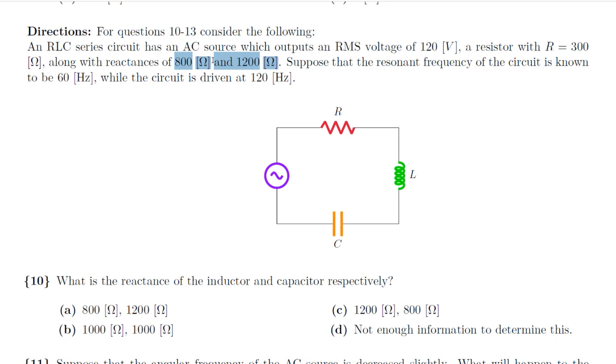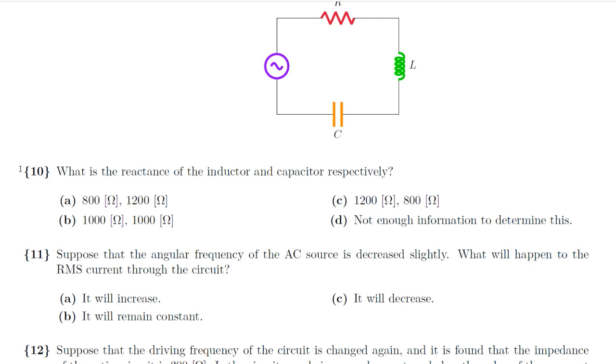Let's say it was 1000 and 1000. The point is that they would have matched. In fact, I wouldn't even really need to tell you that it's at the resonant frequency for you to know that if the reactances are equal to each other, it's at resonance. But in the context of number 10, if you were at resonance frequency, then they would both be the same value. So it would have been B if it was resonance.